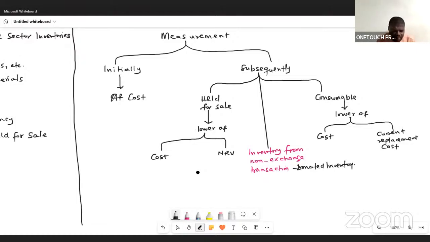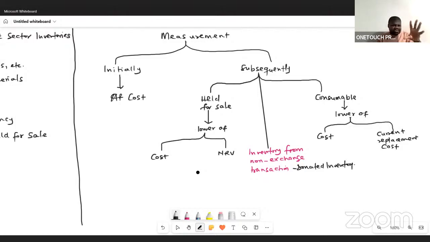So consumable should be measured at the lower of cost and current replacement cost. Once you consume, you have to replace it. So we want to look at the lower of cost and current replacement cost. But if it is held for sale, then it is the lower of cost and net realizable value.